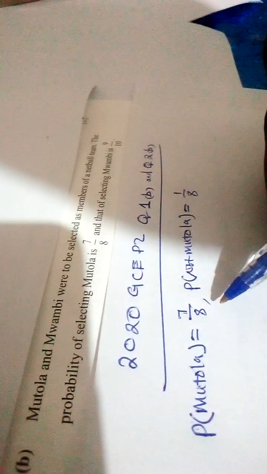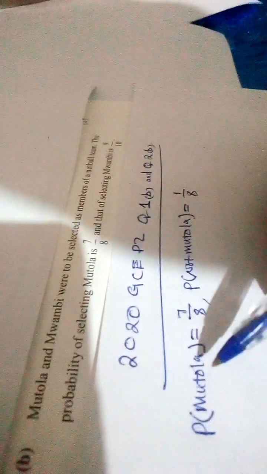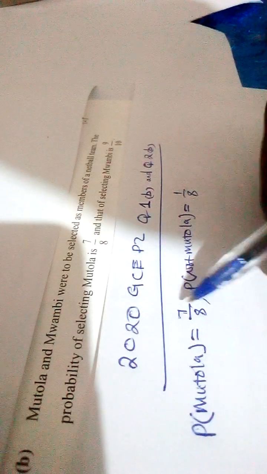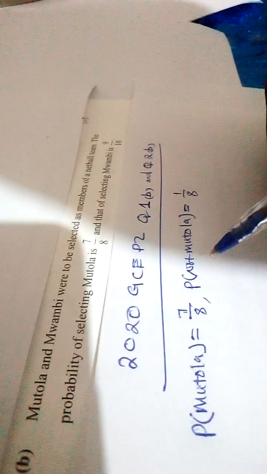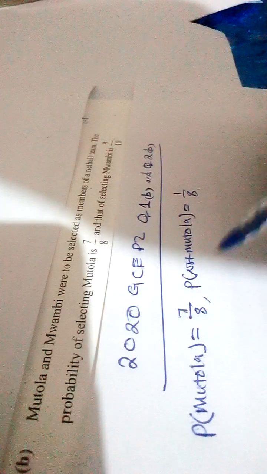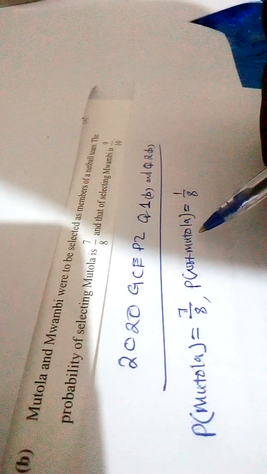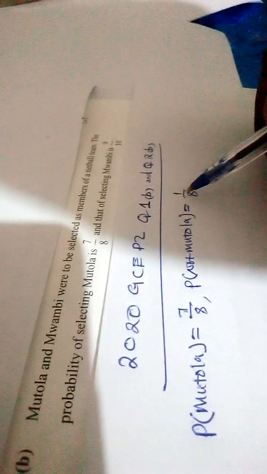Mutola being selected is 7 over 8, so Mutola not being selected will be 1 minus 7 over 8, which is 1 over 8.